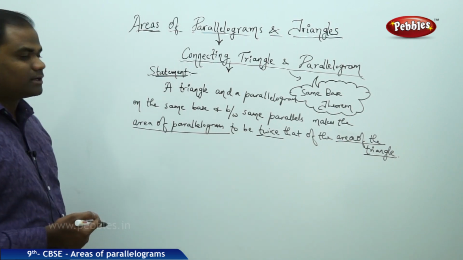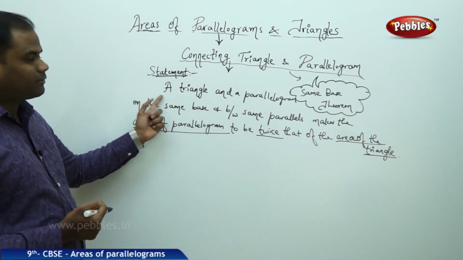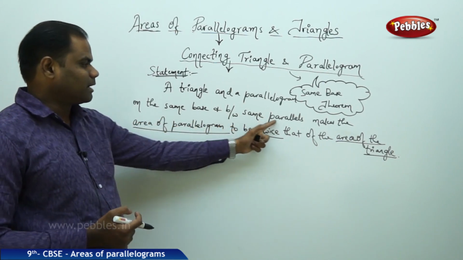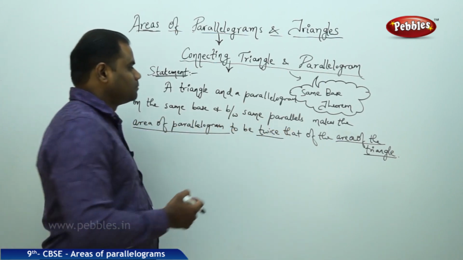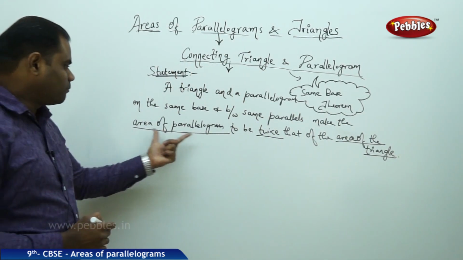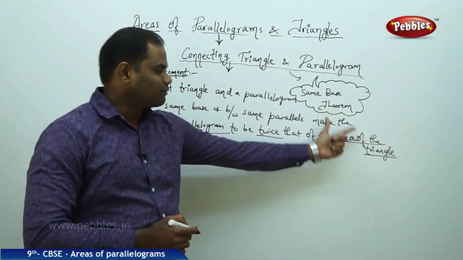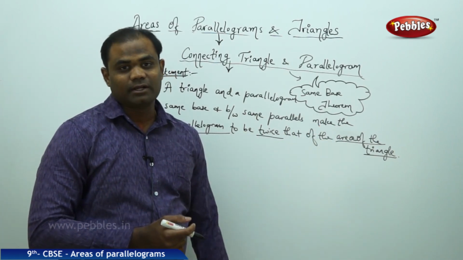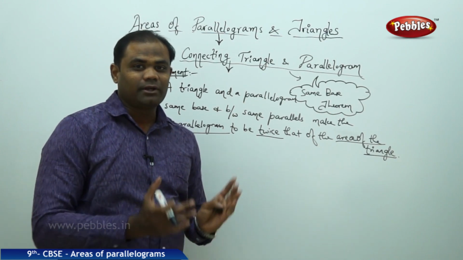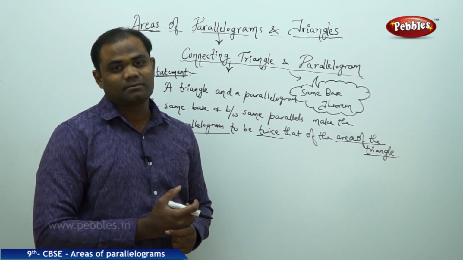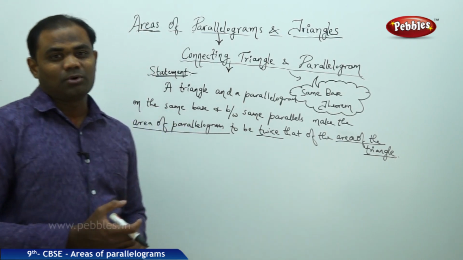So the statement is very clear, which says a triangle and a parallelogram on the same base and between same parallels make the area of parallelogram to be twice that of the area of triangle. Is how we understand the connection between a triangle and a parallelogram when they are on the same base and between same parallels. Let's see the property in brief.